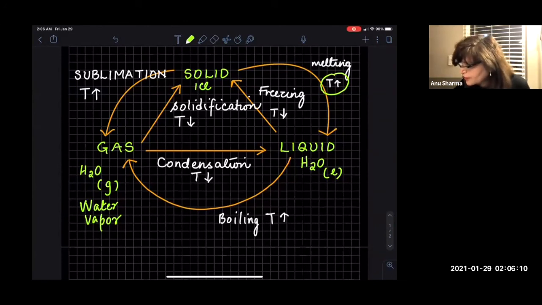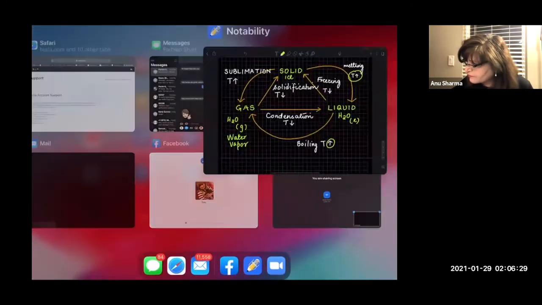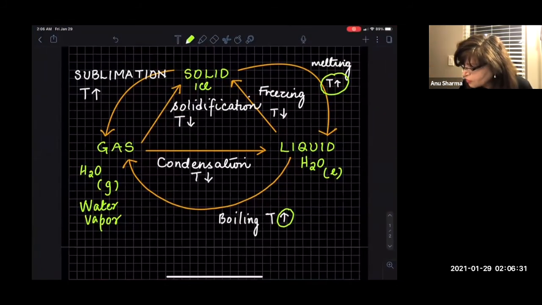When it begins to boil at a high temperature, it converts into gas, which is the water vapor. Now the same water vapor can be converted to a solid by bringing the temperature down, and that phenomenon is called solidification.